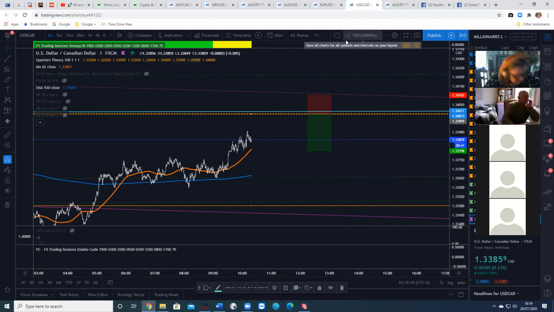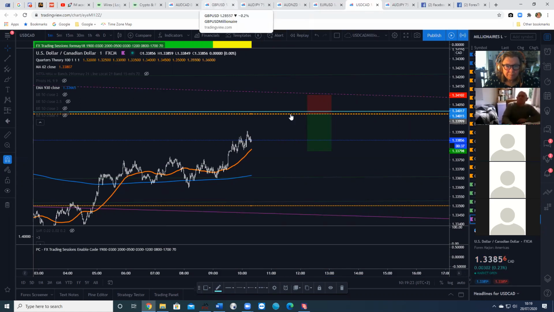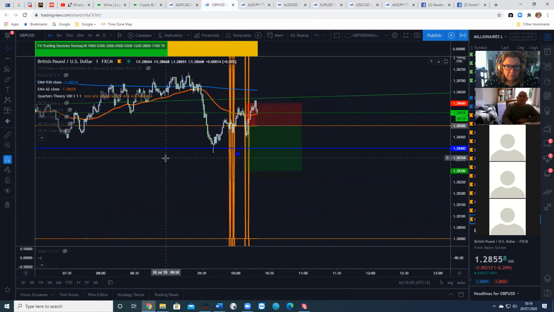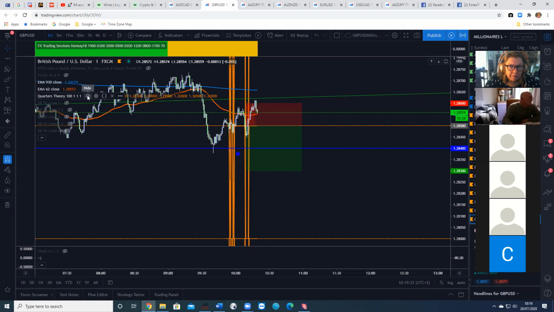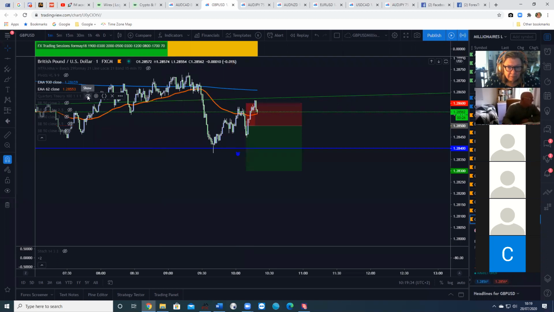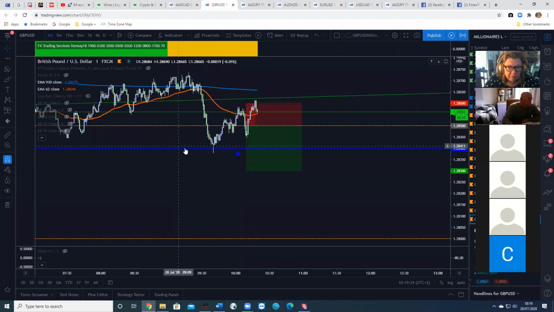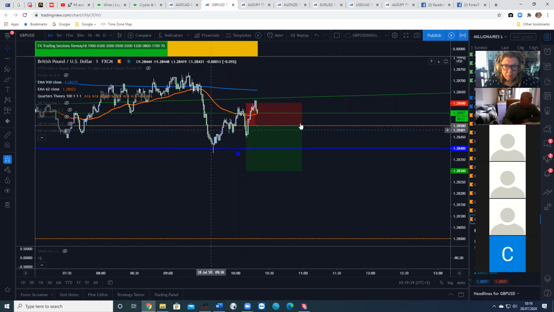Okay, that's UCAD, and then GU's gone all the way up there. I did catch that one at the end when he set it up. Theory. So at the moment, it's playing between that quarter theory and that pitchfork there.